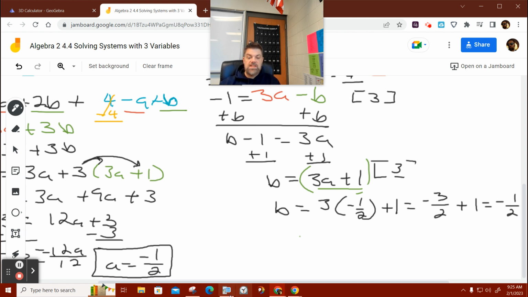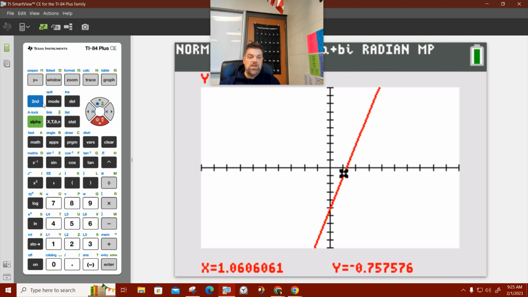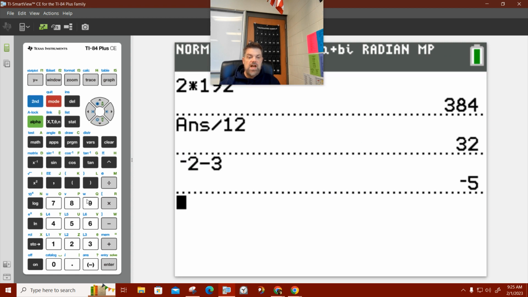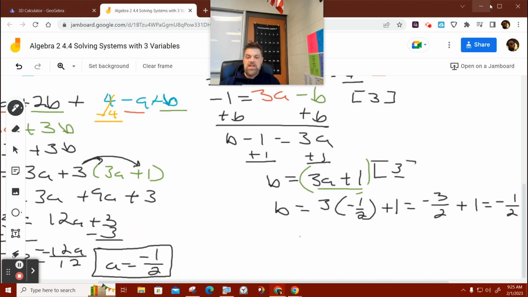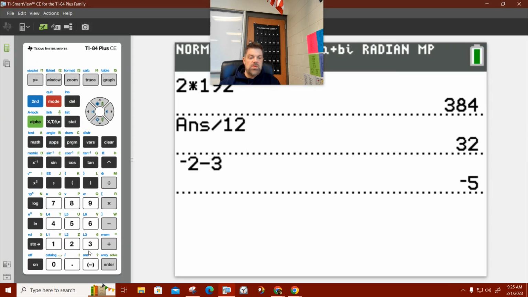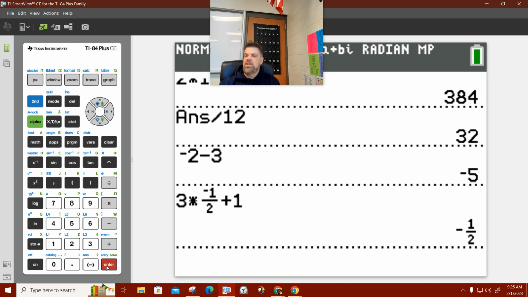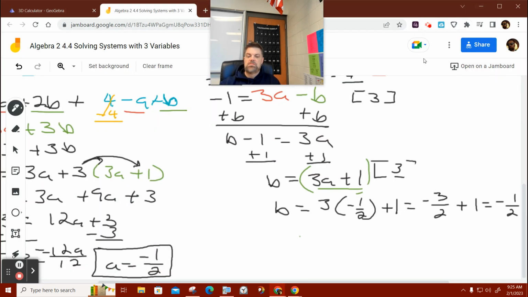If you at any point in time are not sure of what to do, you can always do it in your calculator. 3 times, put in my fraction, negative 1 over 2, plus 1. Negative 1/2. Okay? So that's legit.